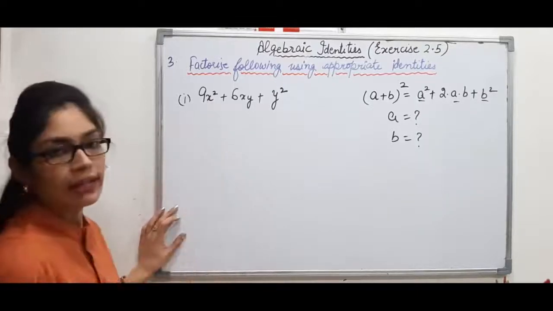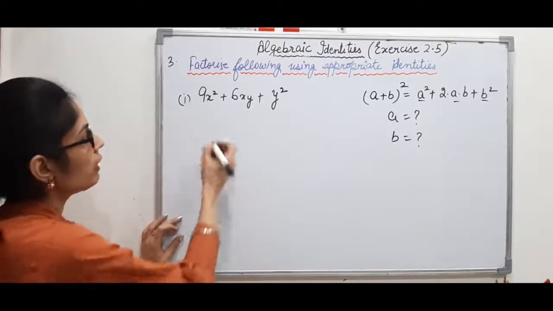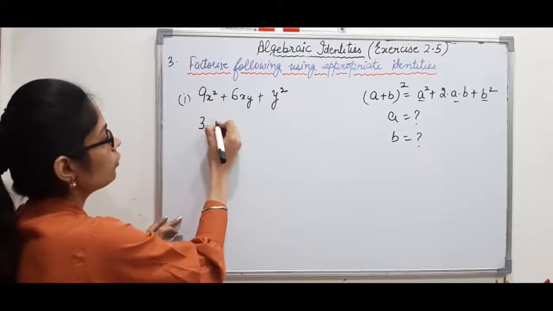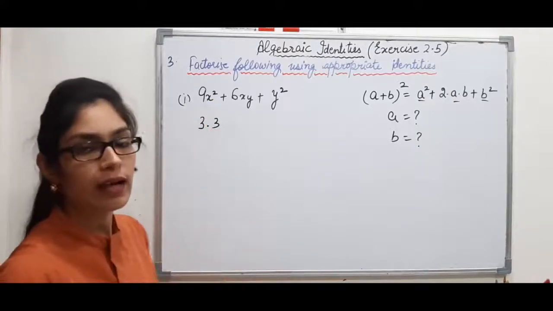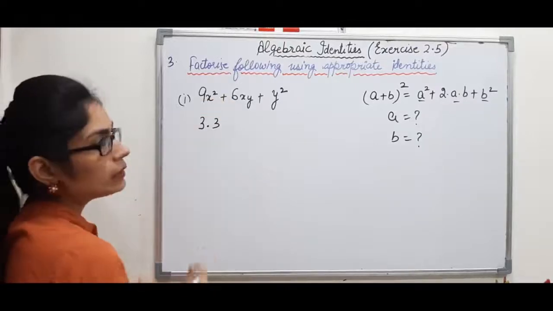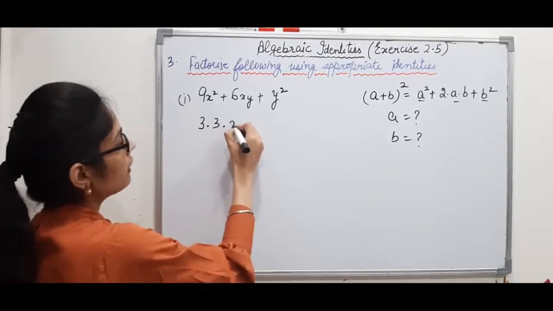Now just to find out the values of a and b, we will write this in a simpler way. 9 is 3 into 3, so break it down as 3 into 3. This dot means multiplication. X square also break it down as x into x.